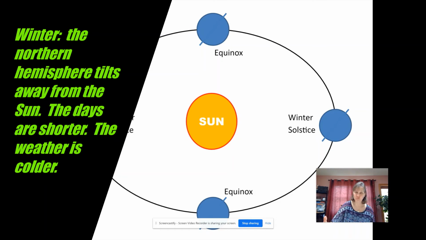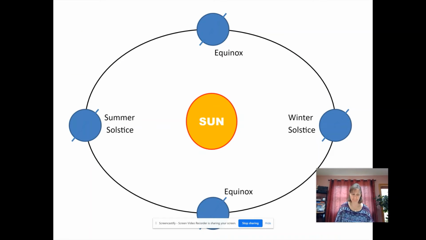I will read this as we're writing. The northern hemisphere tilts away from the sun. The days are shorter. The weather is colder. And if I'm going too fast for you, again, you can pause and the information's on the screen for you to copy.